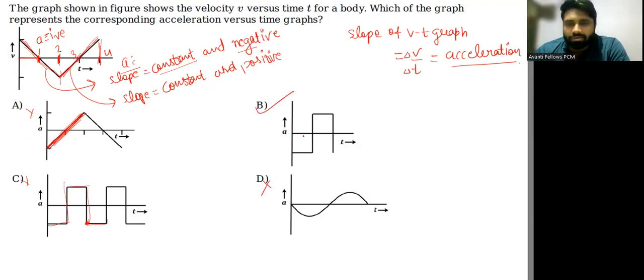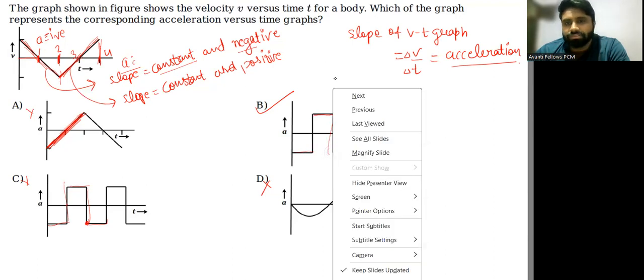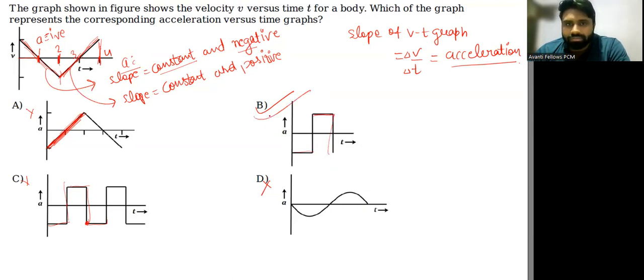So only this option remains and it satisfies our condition. The first part is constant and negative. Then after point 2, it becomes positive and constant. And then again it drops its value to 0. Got it? So option B is the correct option.